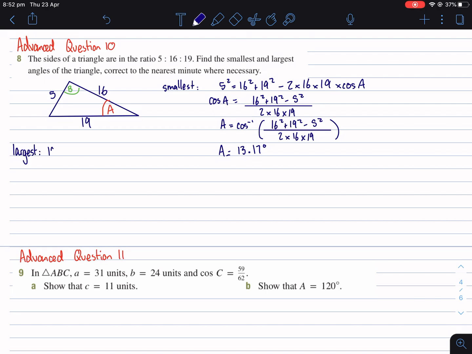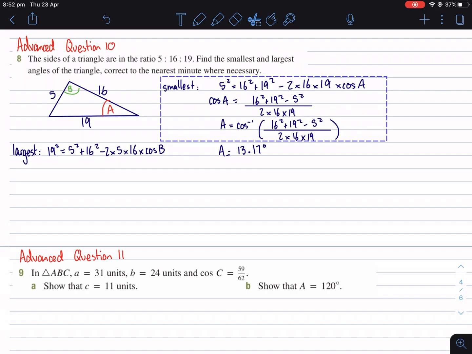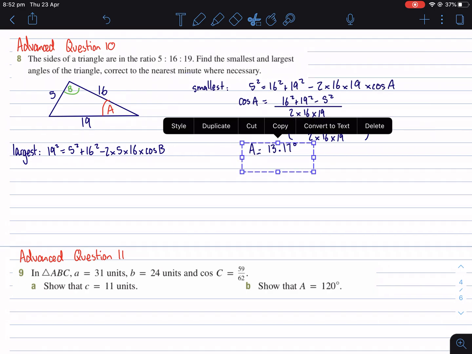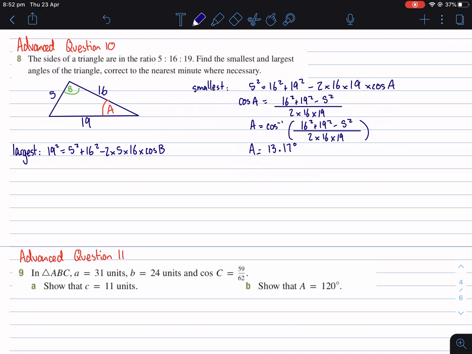So then the largest, this time we've got 19 squared equals 5 squared plus 16 squared, take 2 times 5 times 16 times cos B. Which means cos B is 5 squared plus 16 squared, take 19 squared over 2 times 5 times 16.